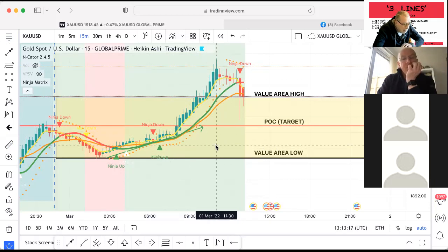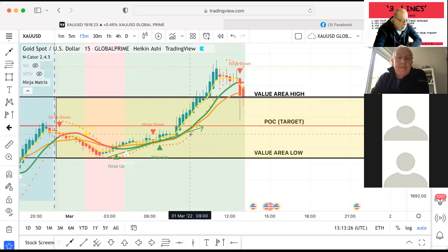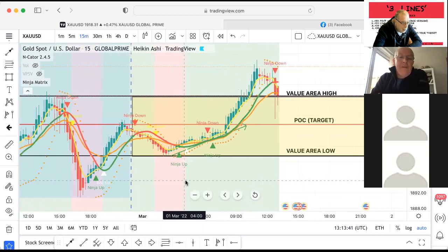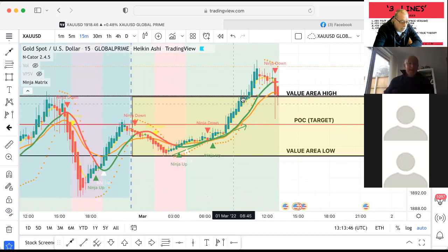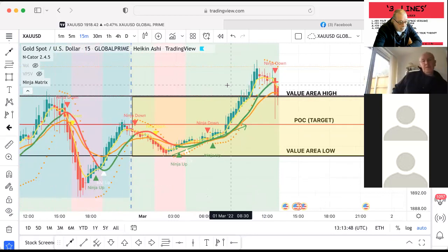And because I only have a trade goal and I've become familiar with how price reacts on this pair, I would be tempted to look at getting a second trade from this red line up to the value area high, for the simple reason that I've back tested this pair, and the number of times that it goes from value area low to value area high is really significant.